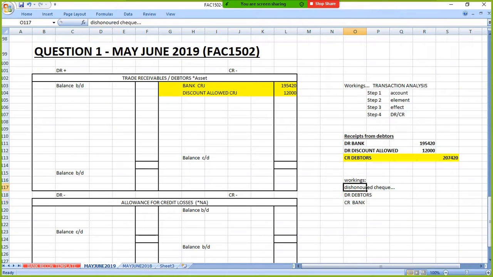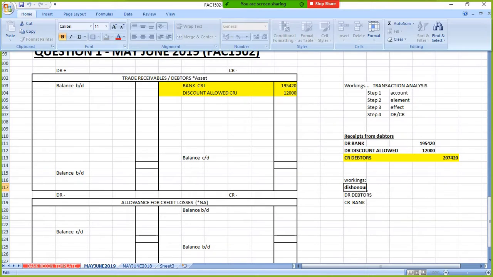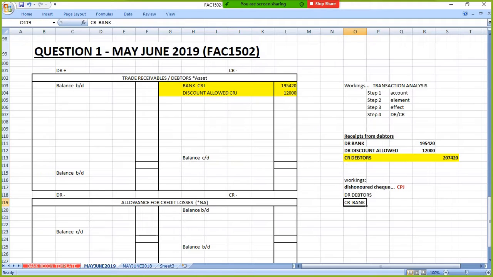Where are dishonored checks shown? CPJ. What do you do to your bank in your cash payments journal? It decreases. 100% correct. See, there's the answer. So don't try and remember this.